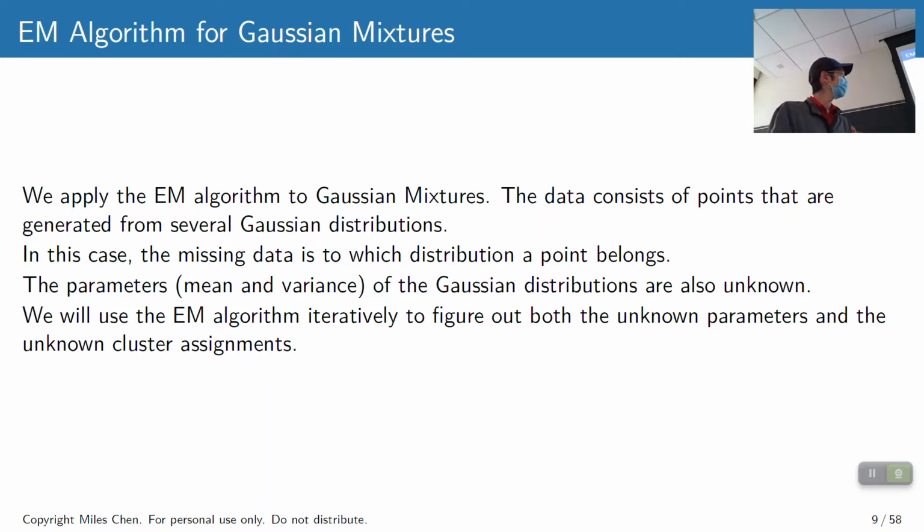So when we do the EM algorithm for Gaussian mixtures, we're going to have data, and the data consists of points that have been generated from a mixture of Gaussian distributions. One way you could think of this is height. Often we treat height as a Gaussian, normal distribution.